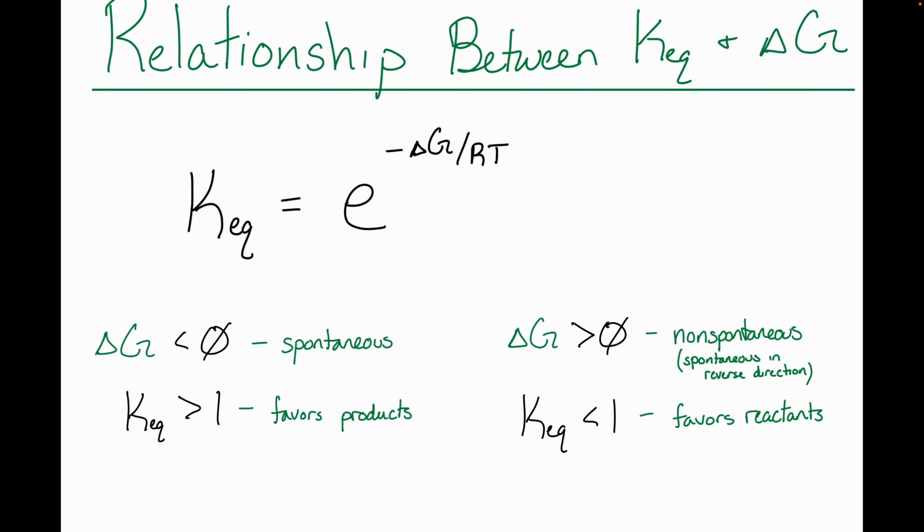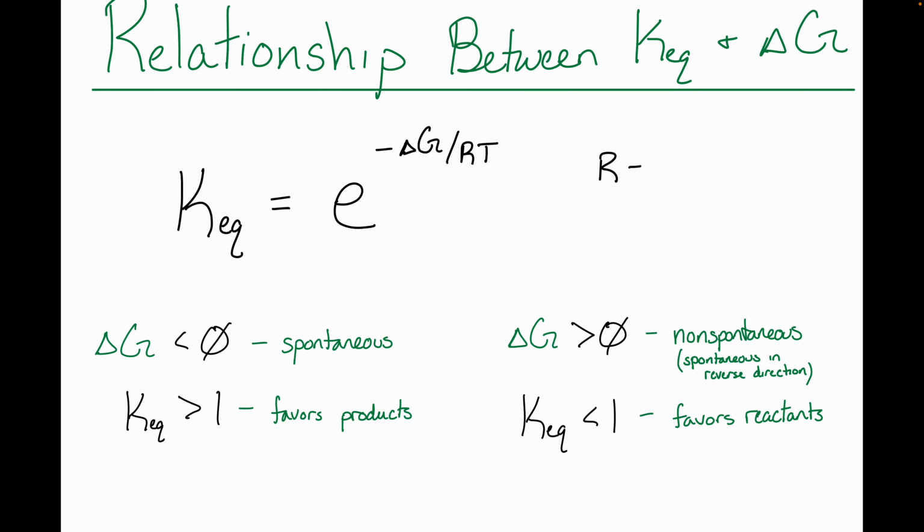All right, so let's just do this calculation for that reaction that we were studying. We're going to note here that R is that ideal gas constant, 8.3144 joules per mole Kelvin. And our T in this case, we're going to use room temperature, or 298 Kelvin. We'll talk a little bit more about temperature here in a minute.